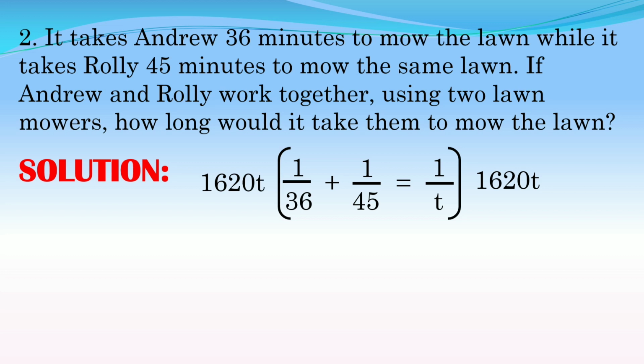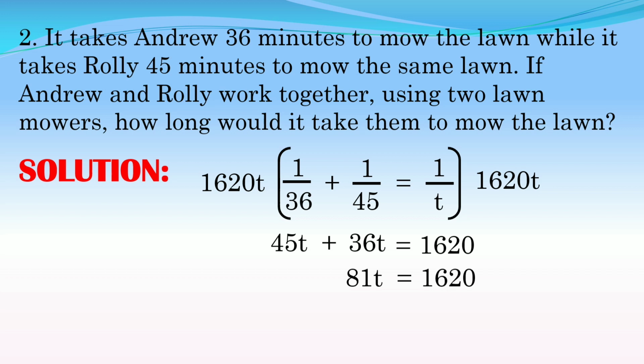So, 1,620 T multiplied to 1 over 36 is equals to 45T, plus 1,620 T times 1 over 45 is equals to 36T. And then, 1 over T times 1,620 is equals to 1,620. And then, combine similar terms. So, 45T plus 36T is equals to 81T equals to 1,620.